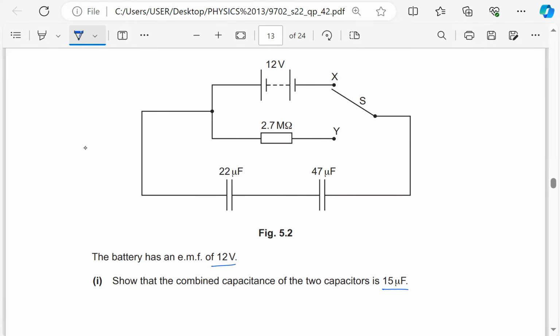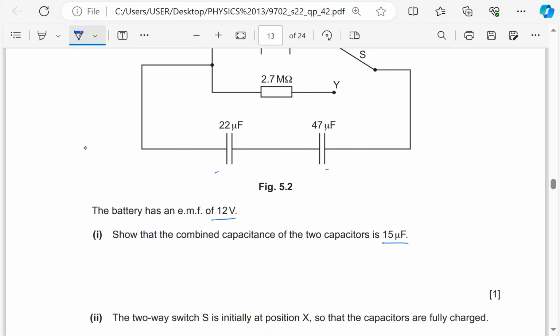So these are capacitors in series. For capacitors in series, total capacitance is got from the reciprocals. So I'll say 1 over C total is 1 over 22 plus 1 over 47, which means C total is going to be the product, which is 22 times 47, over the sum, which is 22 plus 47.